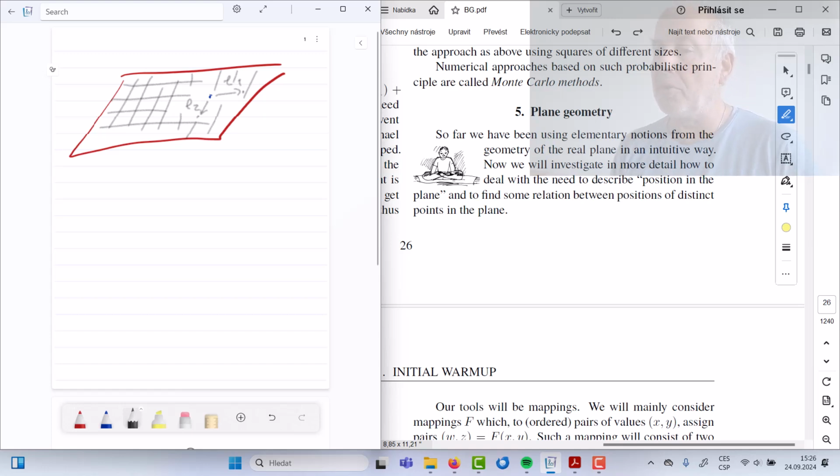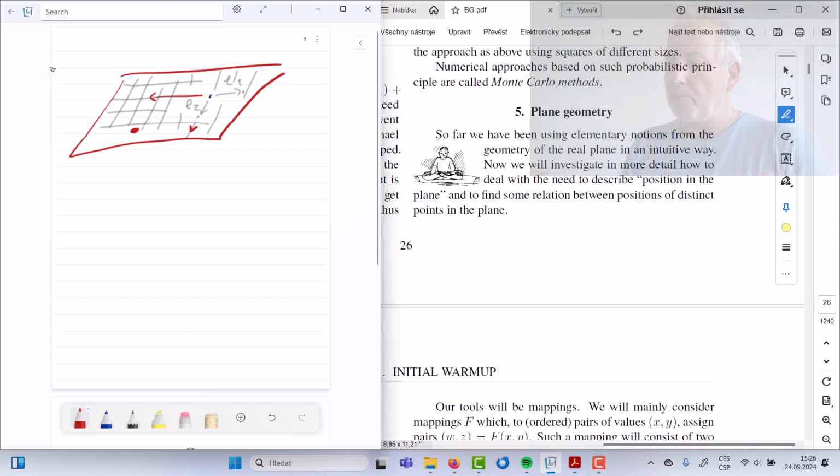Once we've got the coordinates, then you of course can say how many times I take this one. So this vector E2 will be taken, say, this many times, and the vector E1 minus this many times. And this will correspond to the point which is somewhere here.